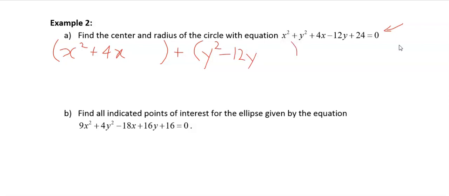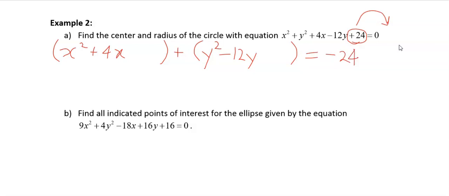I'm going to put another bracket enclosing that, leaving a little bit of space again. The other thing I'm going to do is take the constant, the plus 24, and throw that over onto the right-hand side of my equation. And it's going to become a negative 24. Well, let's just do that.